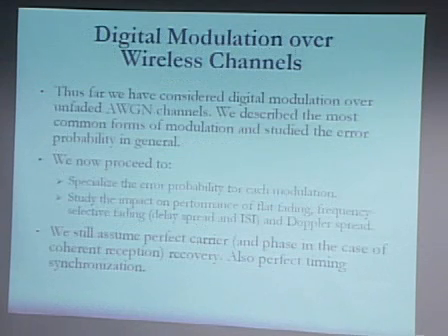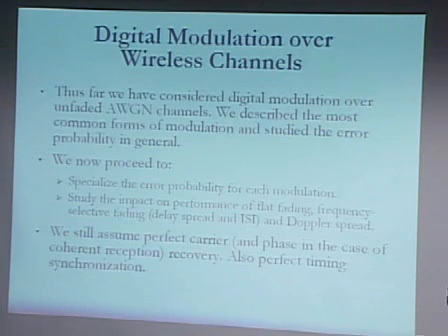So let's start with the stuff in chapter 6. So far, we have described modulations in AWGN channels. And we're now going to proceed to specialize the error probability for each of the modulations, PAM, QAM, and PSK.